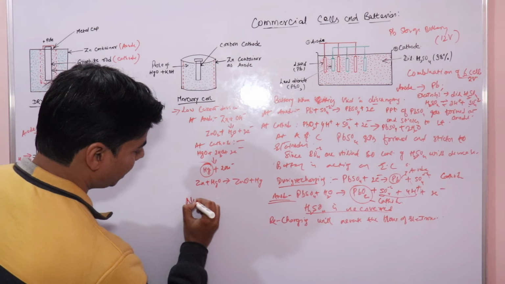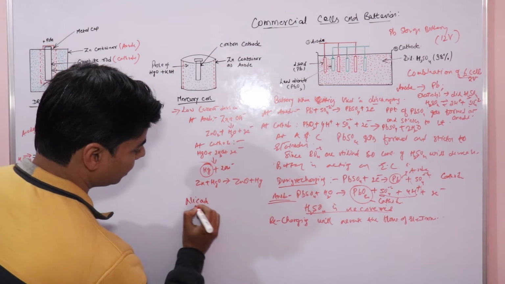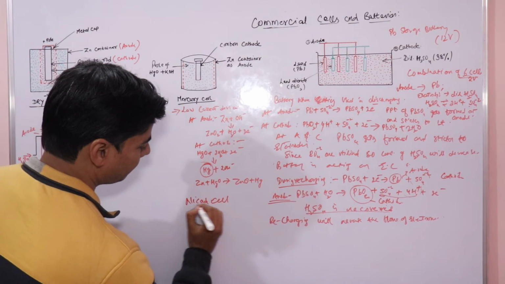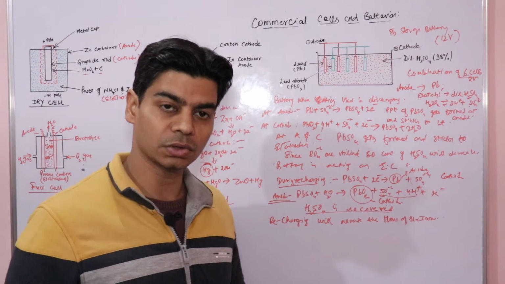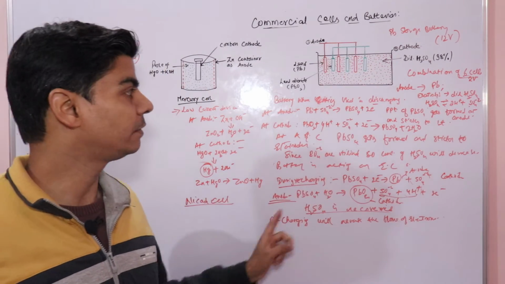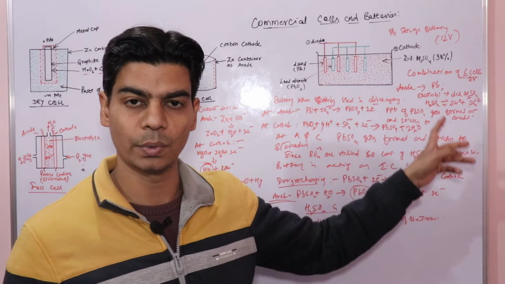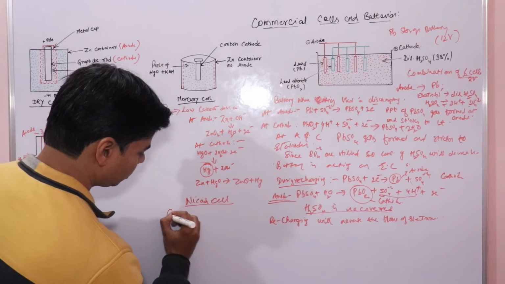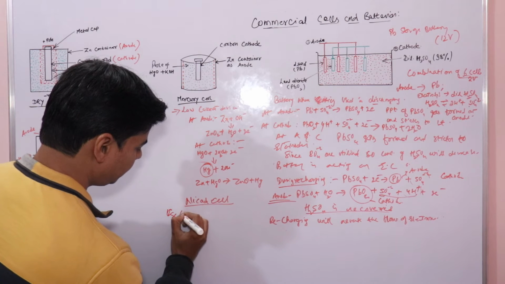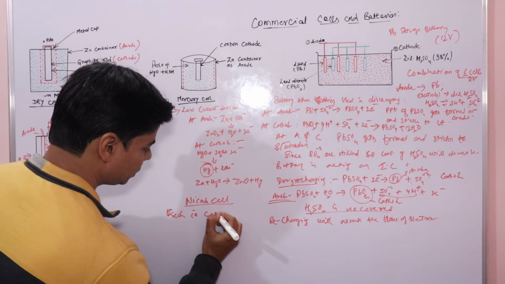Now there is a similar battery known as the nickel cadmium battery, or NiCad cell. This battery is costlier than the lead storage battery, and is commonly used in calculators.